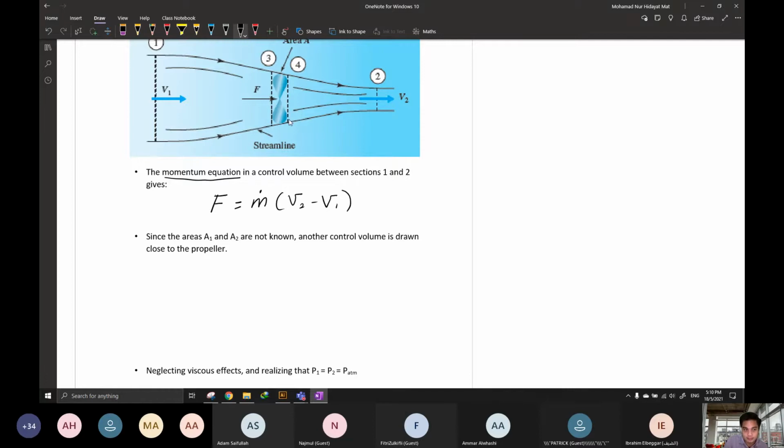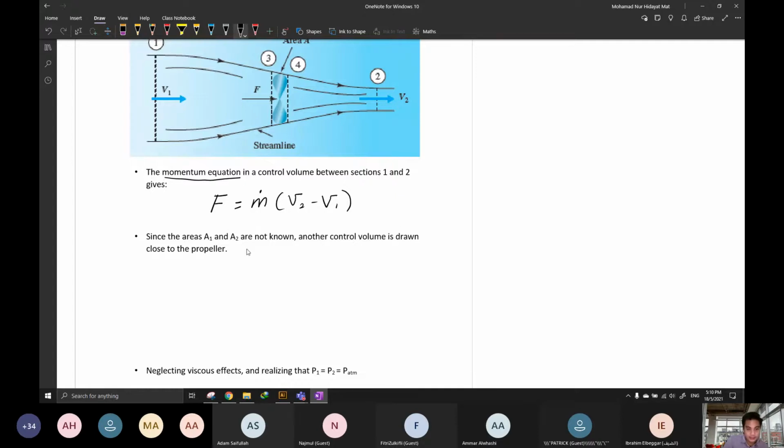For example, like simultaneous equations, if you have 2 unknowns, you need 2 equations. You need to know 2 things in order to get 2 things. So that is why you have areas 3 and 4.